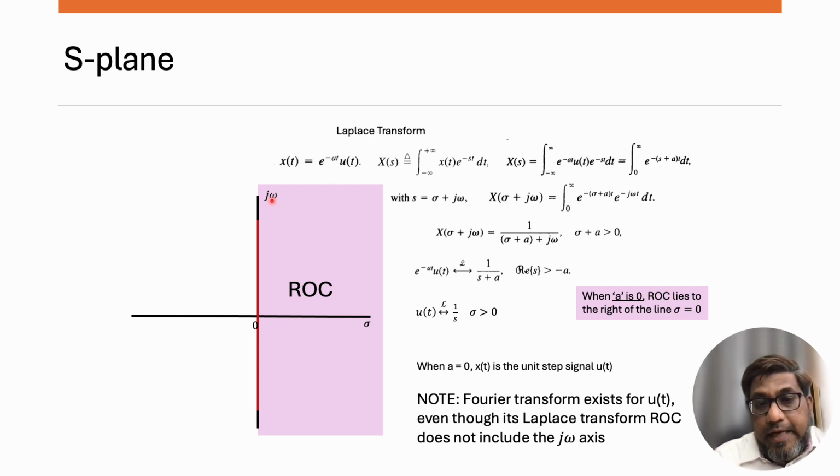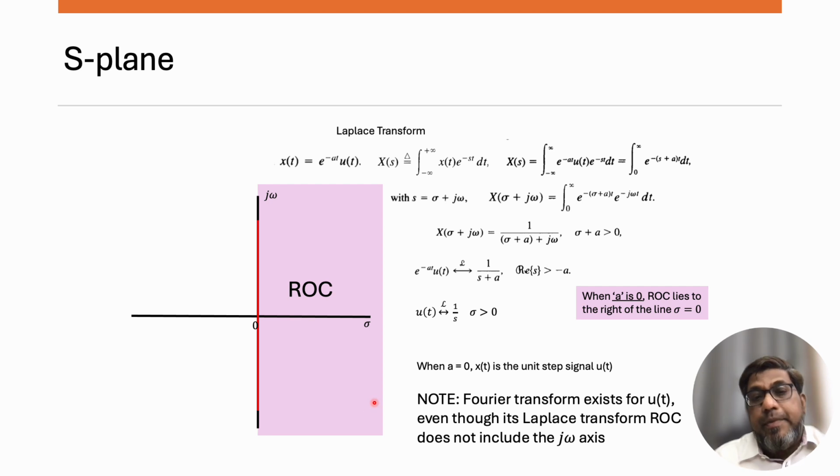That means the j omega axis does not lie in the region of convergence of the Laplace transform for the unit step function. However, as I mentioned earlier, the unit step function does have a Fourier transform. So having the j omega axis in the region of convergence is not a necessary condition for the Fourier transform to exist. It is just a sufficient condition.